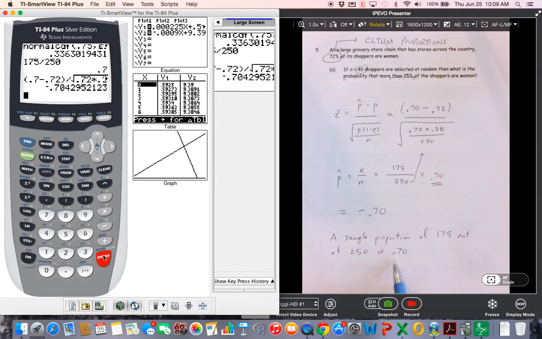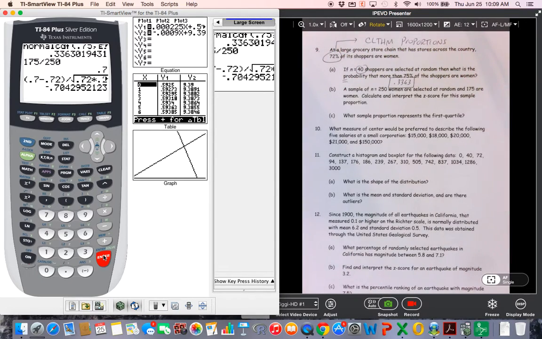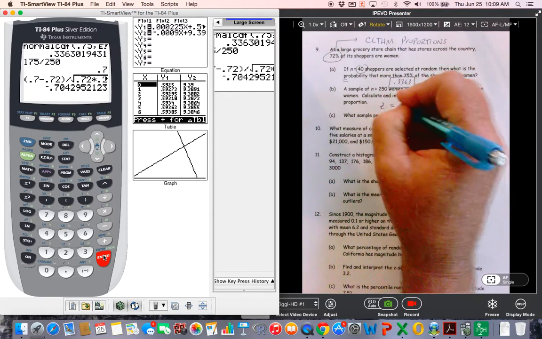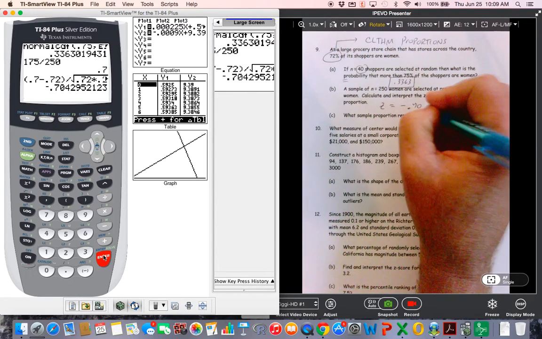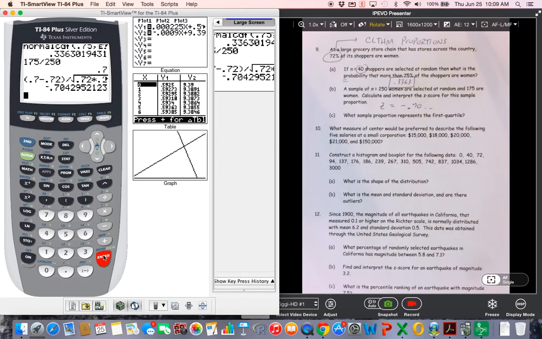So that'll come later. So it's 0.70 standard errors below, this is the part that comes from the negative, below the mean. So guys, that would be the interpretation of the z-score. So our z-score here is going to be negative 0.70, and then the interpretation is the other way.